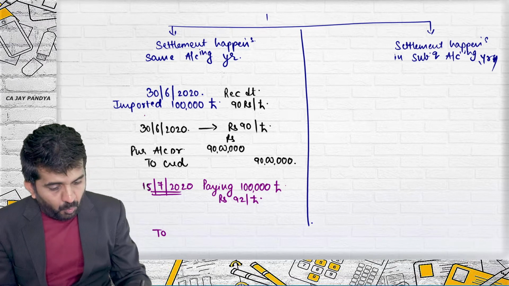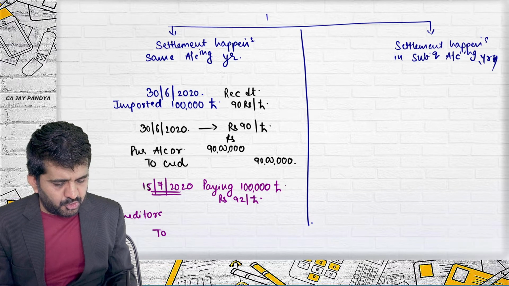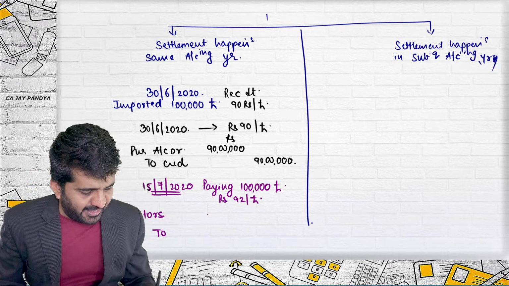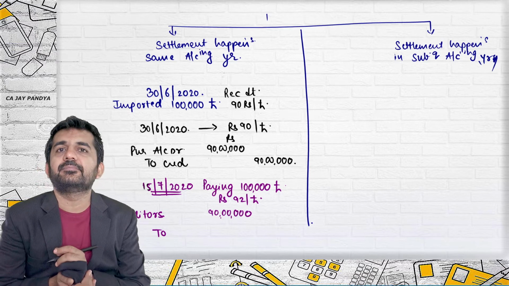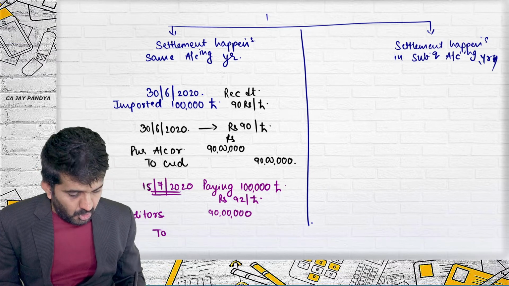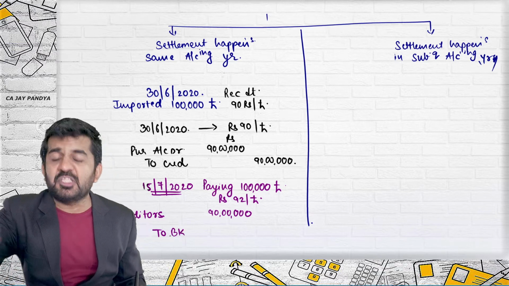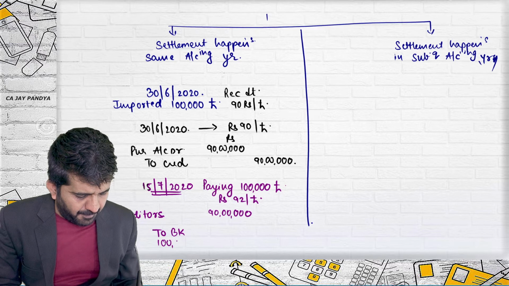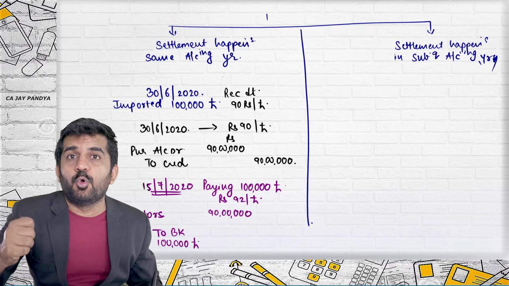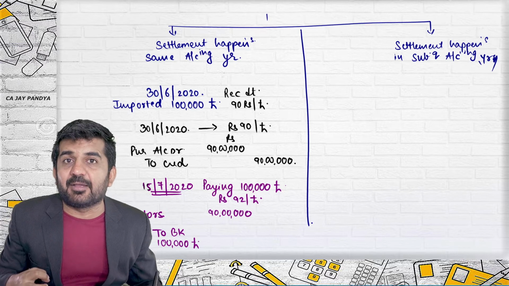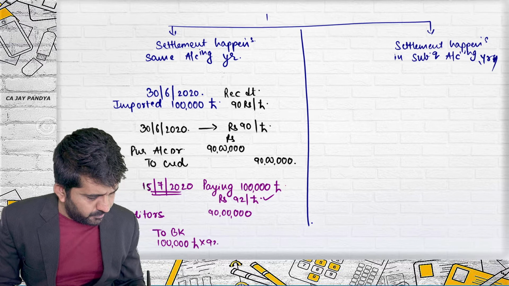What will be debited is creditors, and as the creditor should be closed, and it was credited by 90 lakhs, now it will be debited also by 90 lakhs. Bank is a real account going out, and the amount going out is 1 lakh pound and not 90 lakh. Now you will go to the bank and tell them, give me 1 lakh pound. 1 lakh pound is available today at 92.